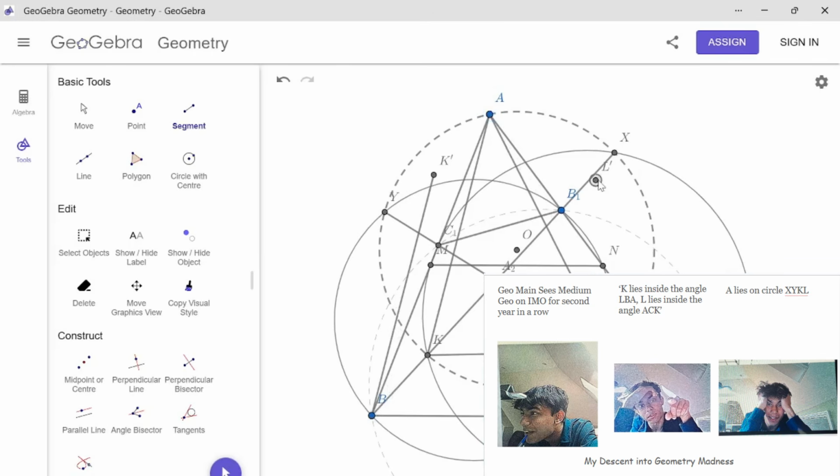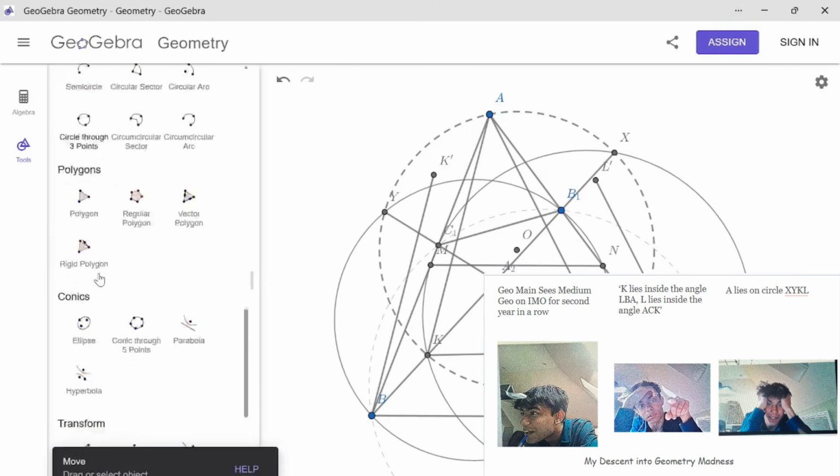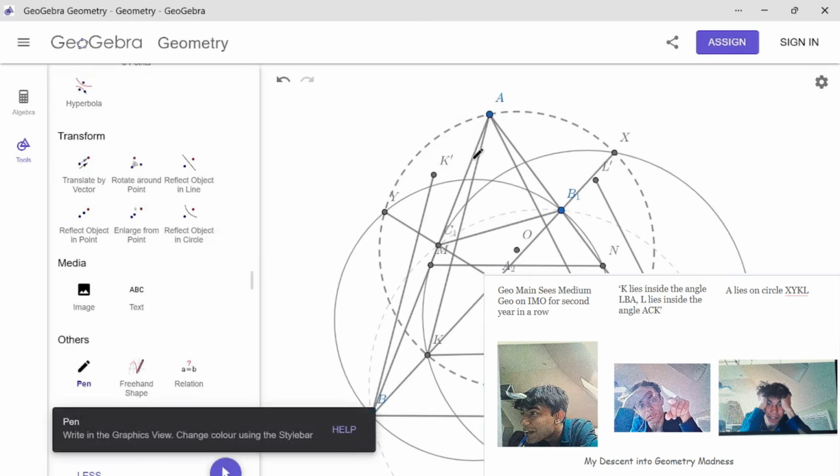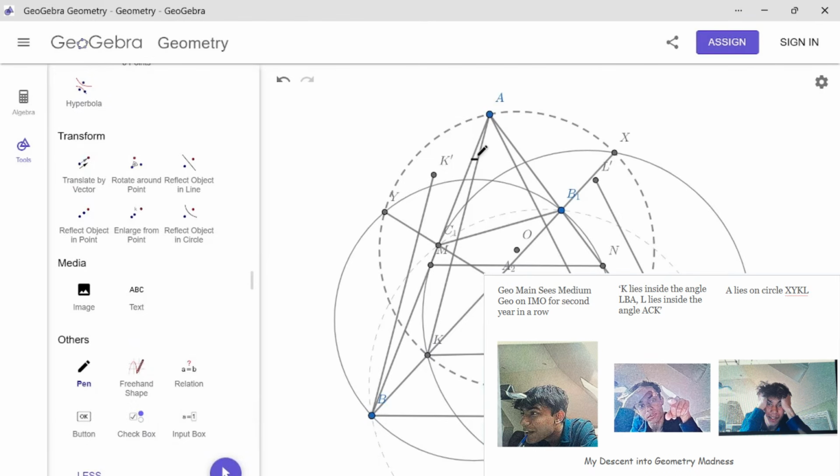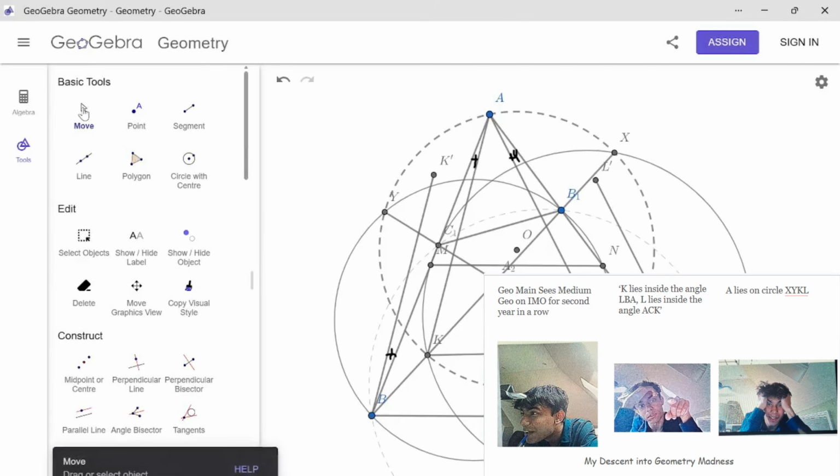The only way to work with angle AKL is as angle A minus angle BAK minus angle CAL. This is a hard question.